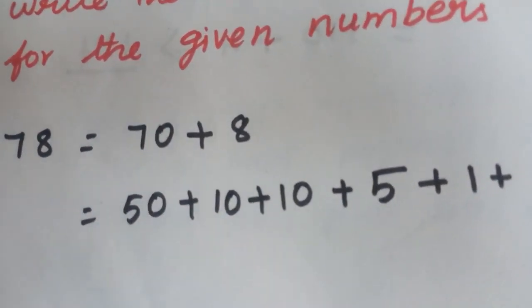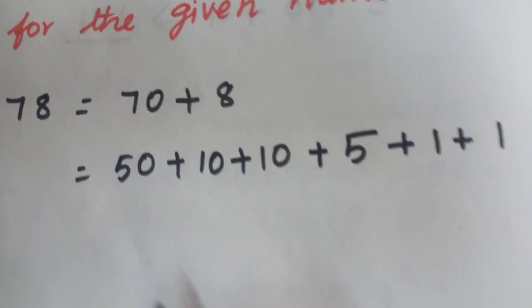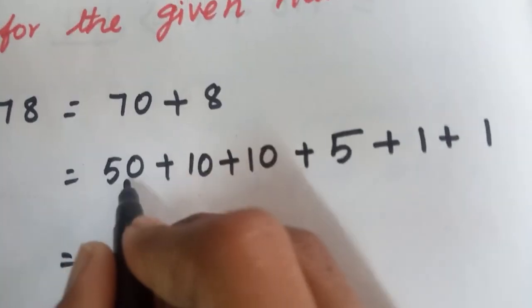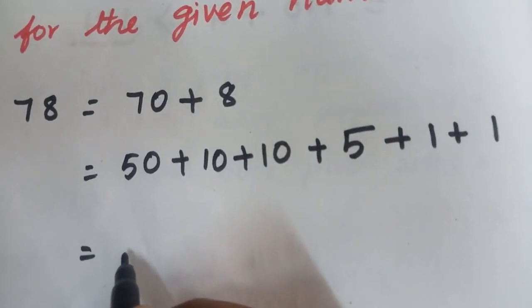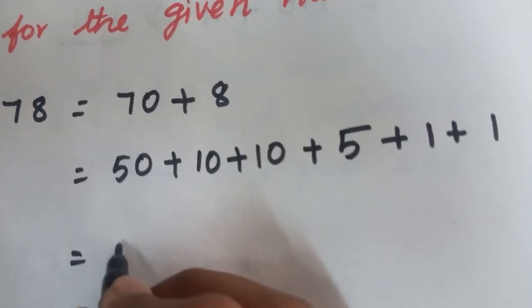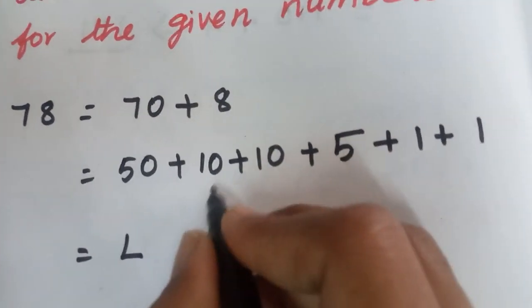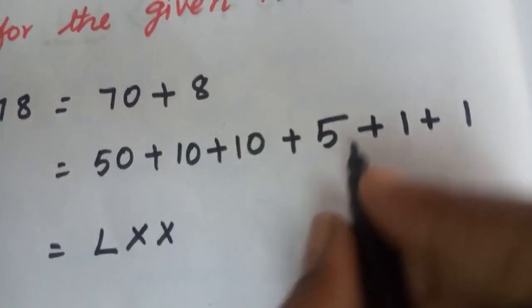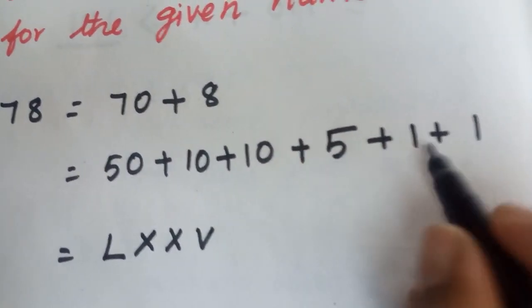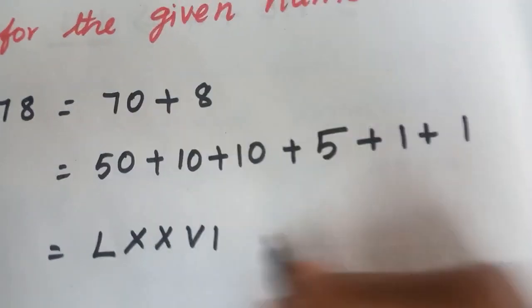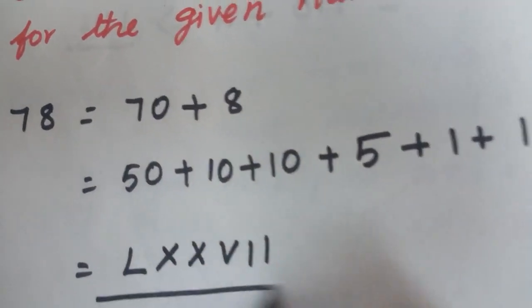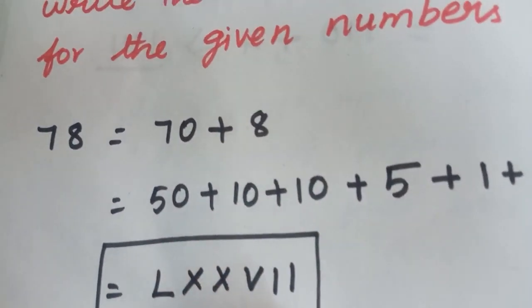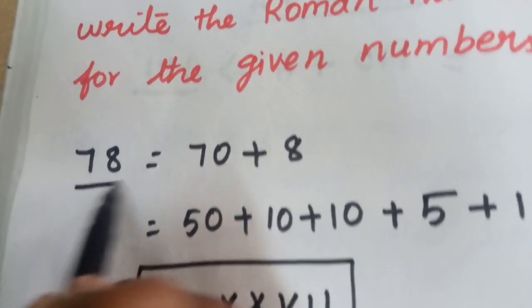So see those Romans. Now I am going to write the Romans first. Listen. 50 means, what is 50? L. 10 means X. Again one more 10. Next one is 5, then 1, 1. So this is the Roman numeral for 78.